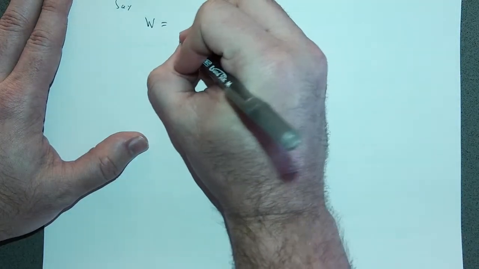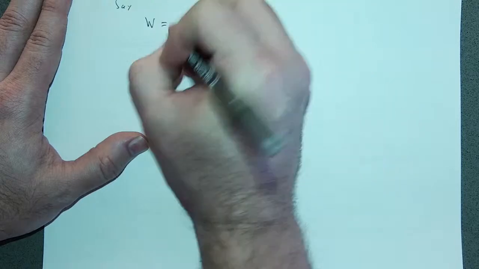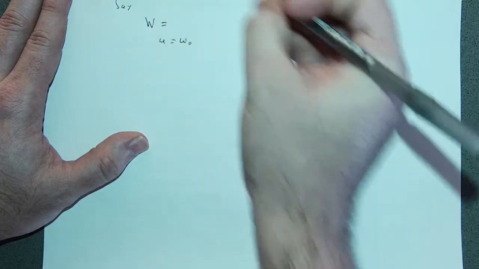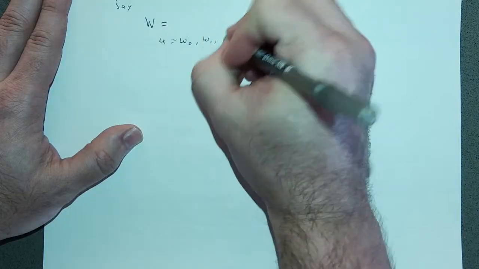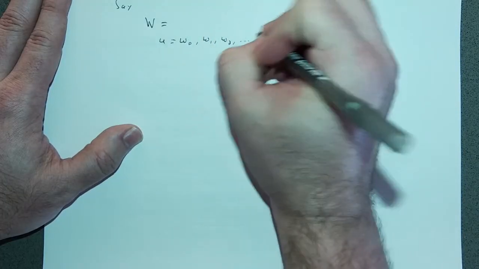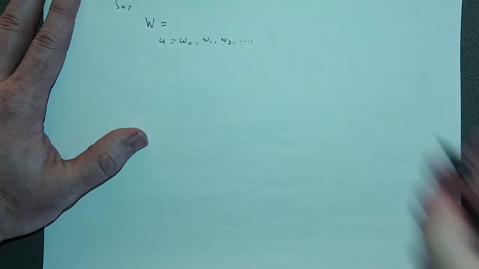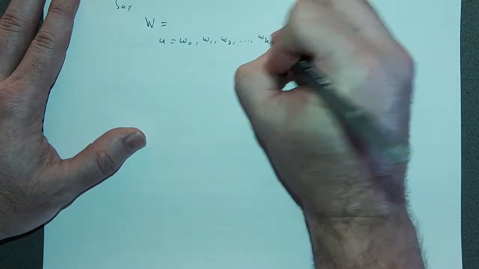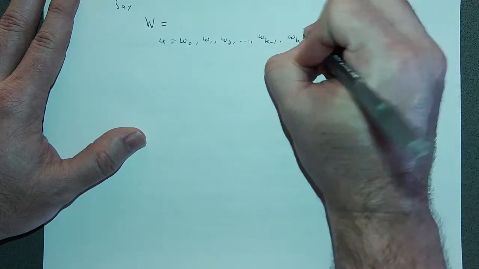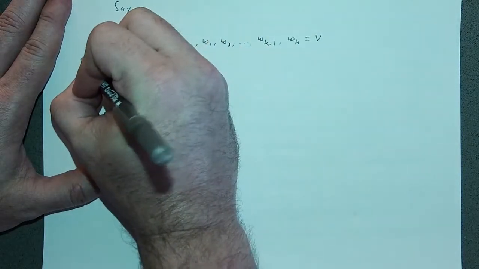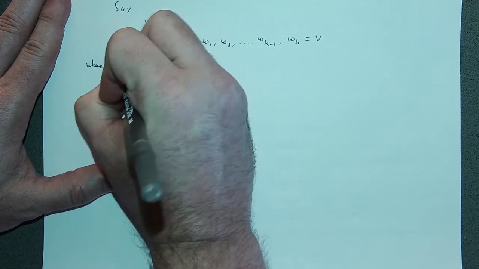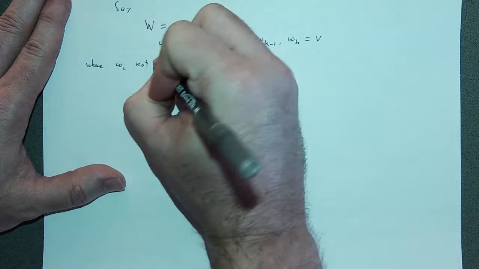We'll say that its first vertex is w_0, which is U, since it has to be a UV walk, and then w_1 and w_2 and so on out to w_{k-1} and w_k, which necessarily has to be V since it's a UV walk, where the w_i are not necessarily distinct.